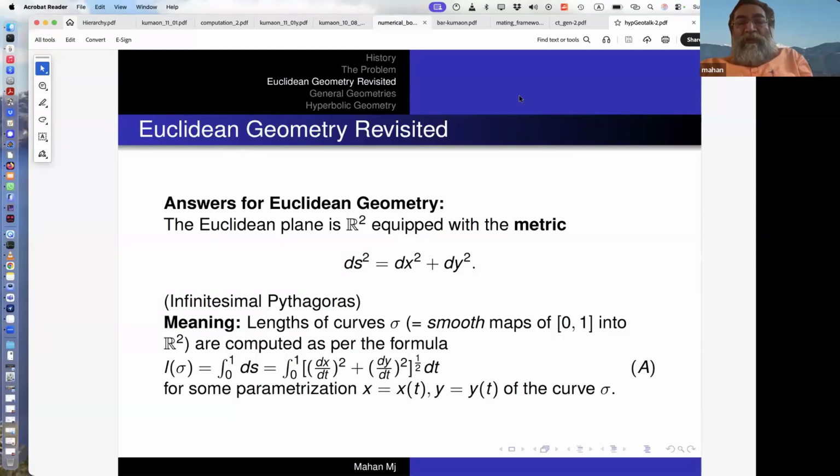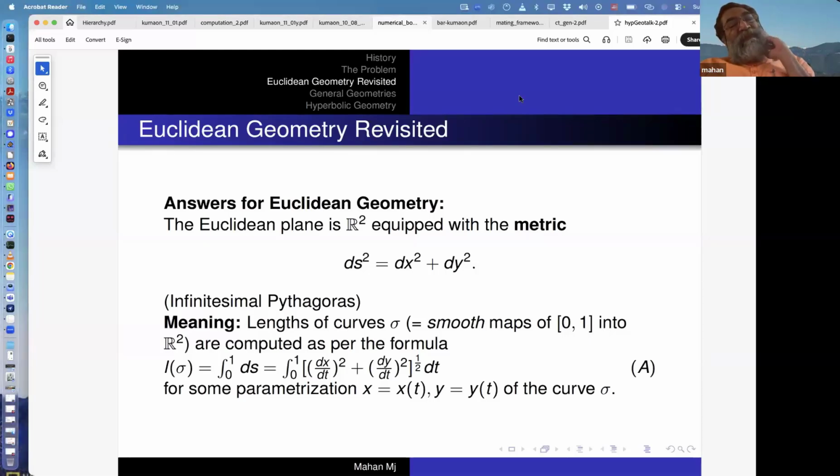And then you look at the derivative of x with respect to t, dx/dt. You take the derivative of y, you get dy/dt. So dx now becomes dx/dt times dt, and dy becomes dy/dt times dt. You apply the infinitesimal Pythagoras, which means you take (dx/dt) square plus (dy/dt) square and take the square root.